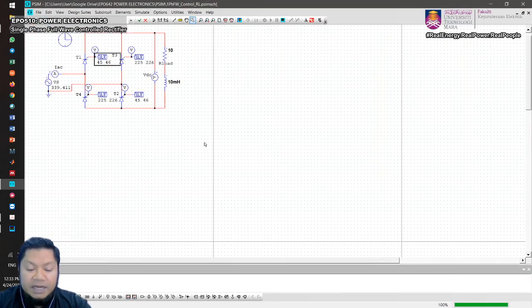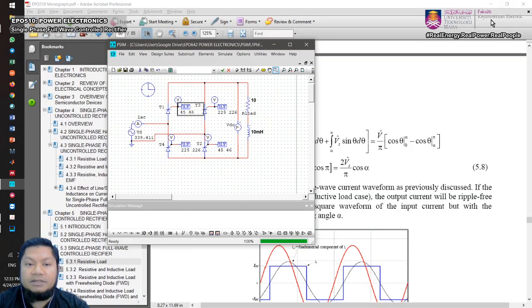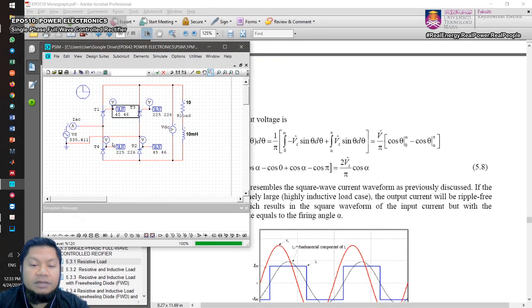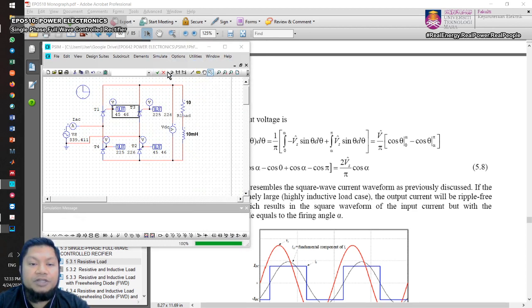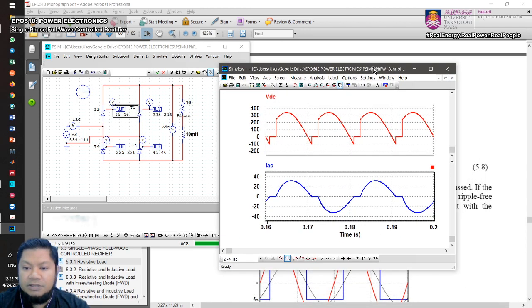Now we have 10 millihenry. So let's try to simulate the circuit and look at what will be the output current and output voltage. So I'm going to click that, run simulation, and this is my simulation.